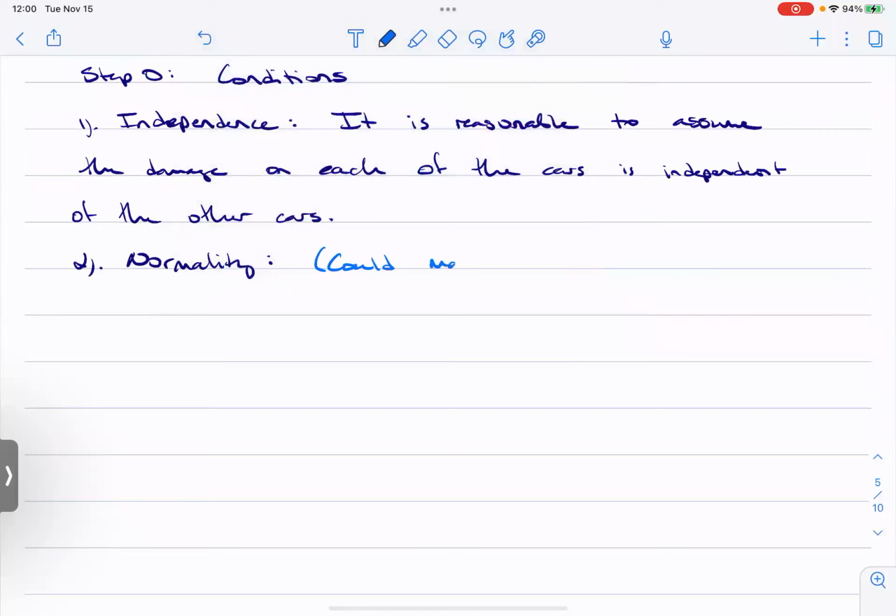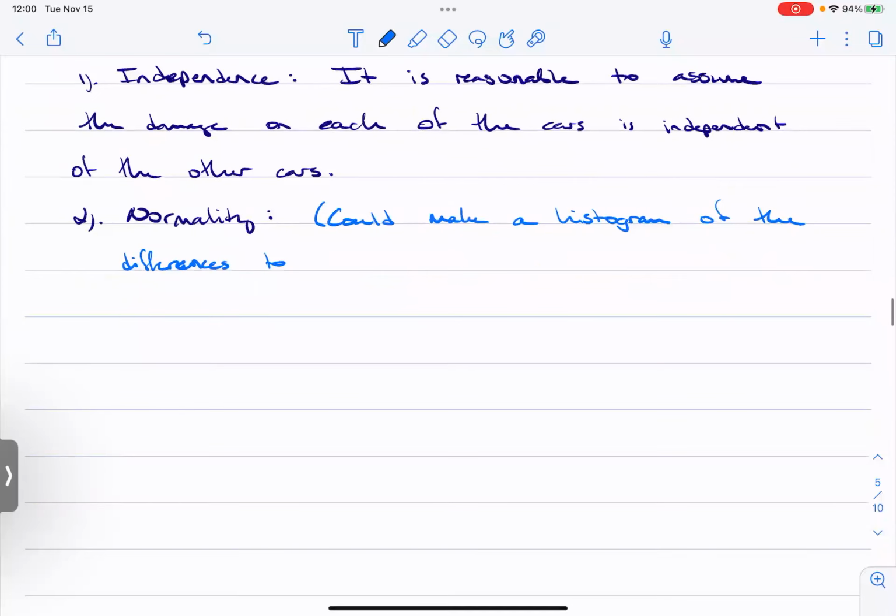We could make a histogram of the differences to check for normality. And with these small sample sizes, we're really just looking for symmetry with no outliers.